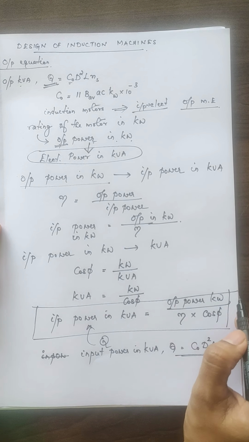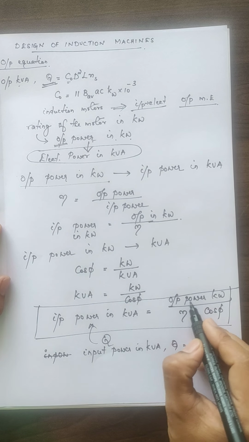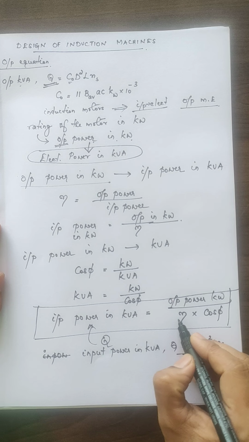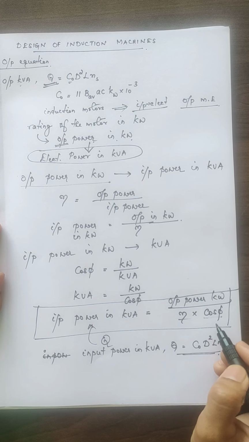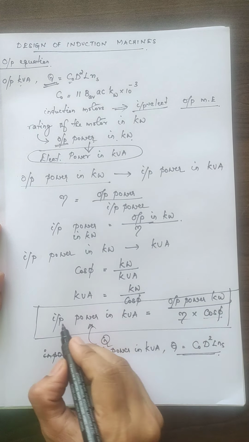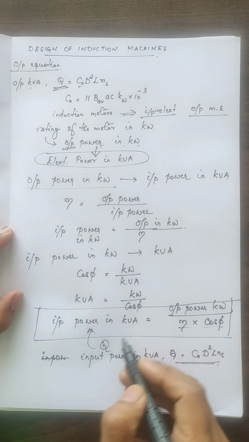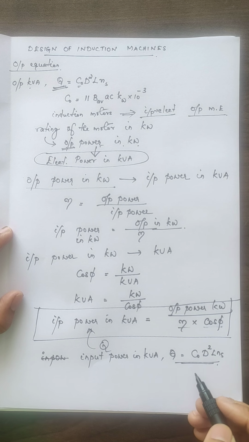How will you do the conversion? The given output power in kilowatt divided by efficiency into power factor. These two parameters, efficiency and power factor, will be given in the question. So calculate input power in kVA, and then only you can substitute that in this equation.